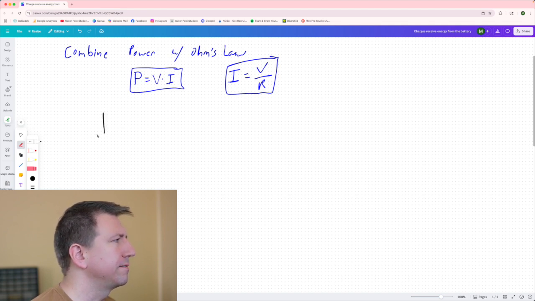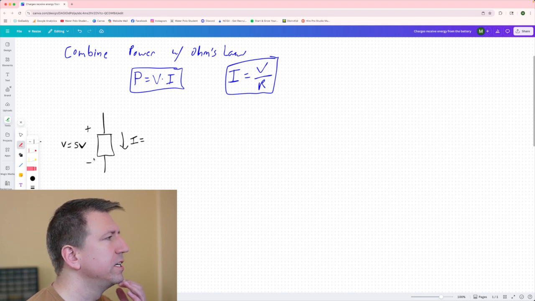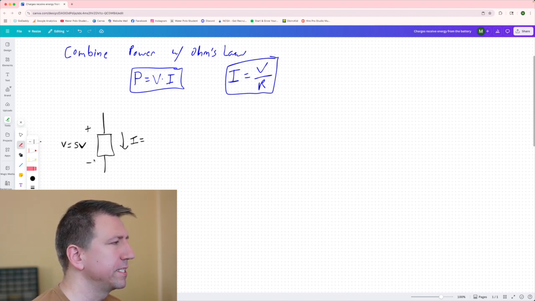So if I have a circuit element, and I don't necessarily know what it is, but I told you that the voltage across here was 5 volts, and the current through here goes from plus to minus here, so we can see that in the associated variables convention, this is going to be a receiver, so it's going to receive power, so it's going to be a positive power. Alright, so let's say this was 20 milliamps.